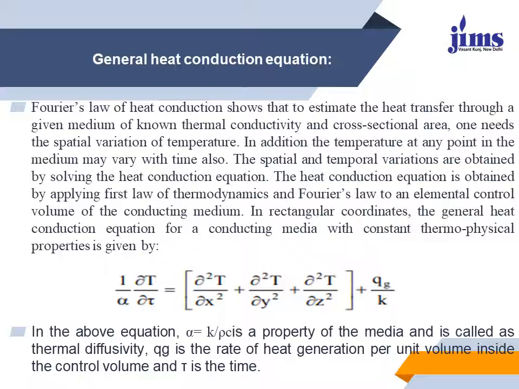This equation is known as the general equation for heat transfer in the Cartesian coordinate system. In the above equation, alpha equals k by rho c is a property of the medium called thermal diffusivity, and the term qg is the rate of heat generation per unit volume inside the control volume, and tau is the time.